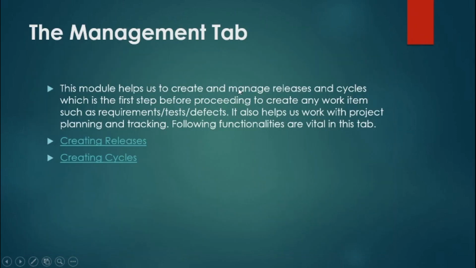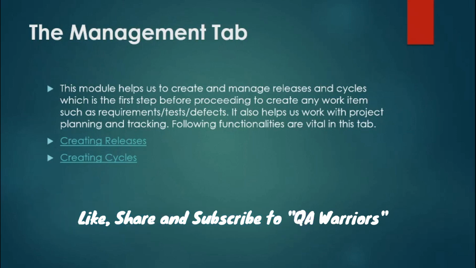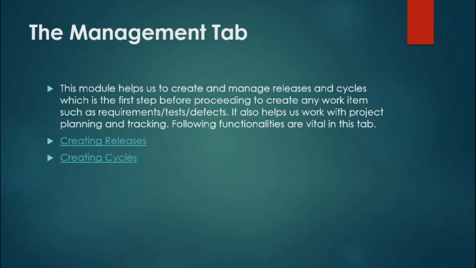Now the management tab. This module will help you to create and manage releases and cycles. The major functionality of this management tab is to create the releases and cycles, which is the first step before proceeding to create any work item such as a requirement.